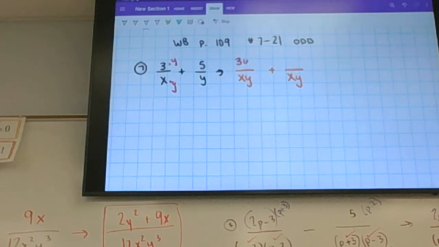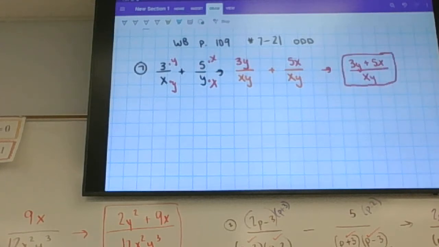My second fraction doesn't have x in it, so I'll make it have x in it. And then I will write them together.